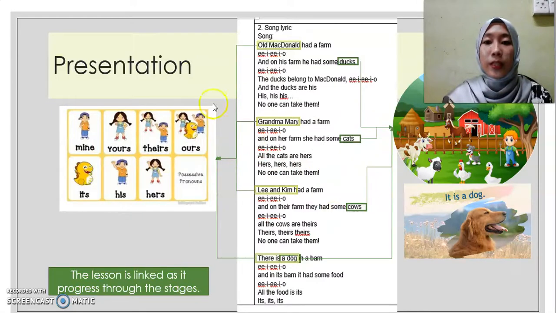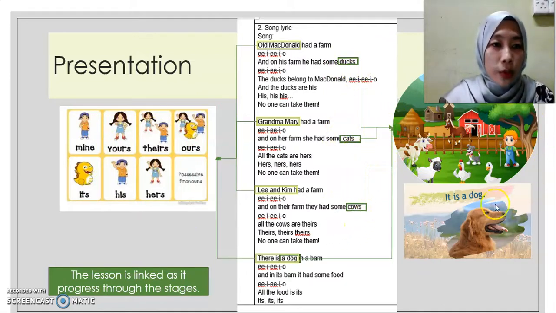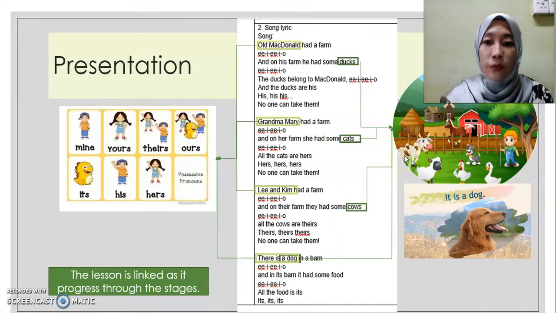The lyrics in the song incorporate the possessive pronouns which are introduced in the flashcards, and all the animals in the lyrics were also introduced in the big picture in the set induction before. The important part here is that the lesson is linked as it progresses through the stages.